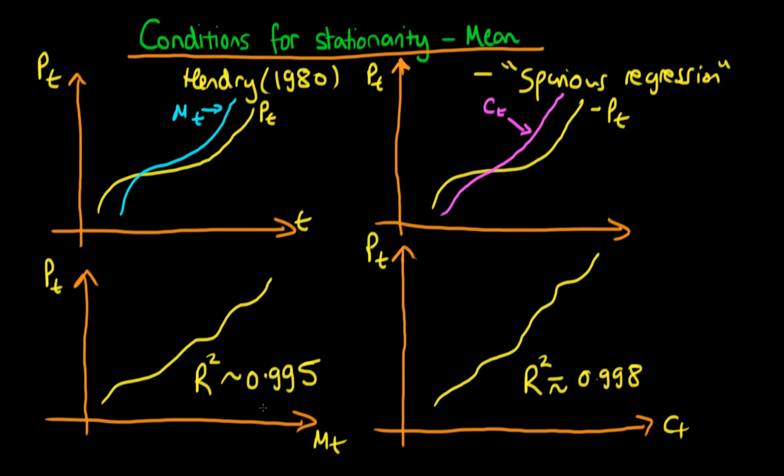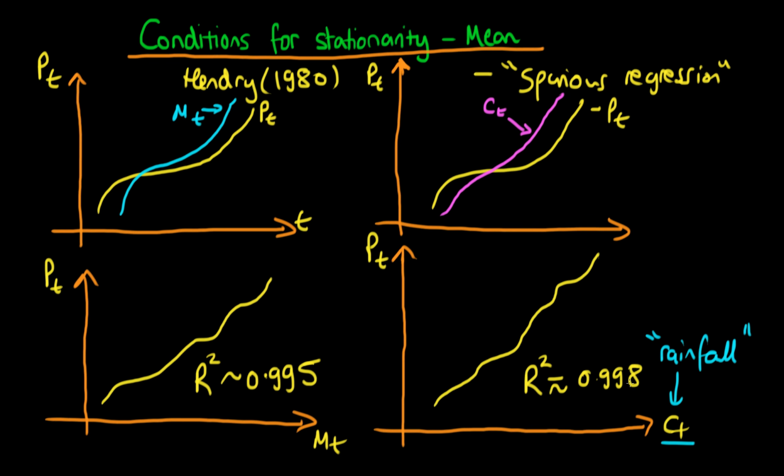But here comes the bombshell. The variable CT, which he was including in his regression here, is the cumulative rainfall in the UK. Quite obviously, cumulative rainfall within the UK should have no explanatory power, or very limited explanatory power, on prices.